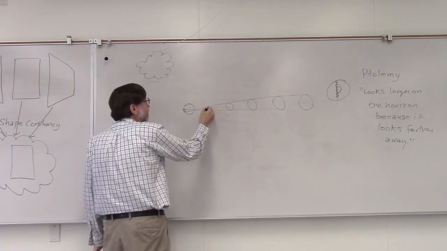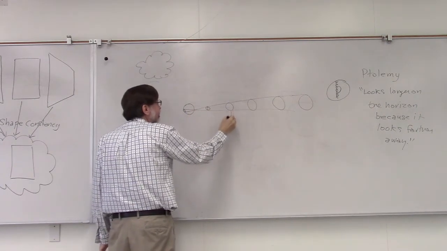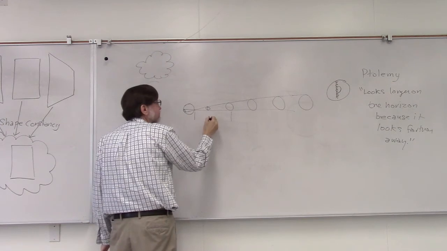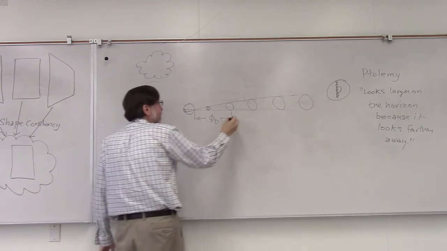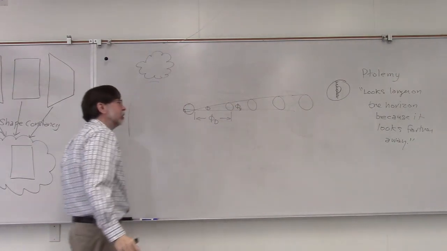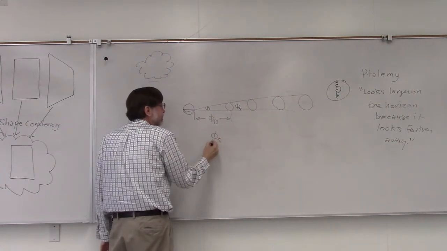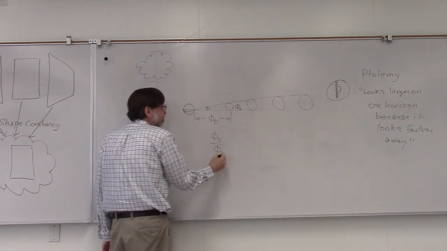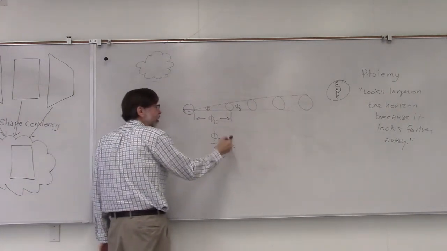We know that the ratio, we've kind of already seen this, if this is physical distance, d, and this is physical size, we know that physical size divided by physical distance is a constant for all these, right?